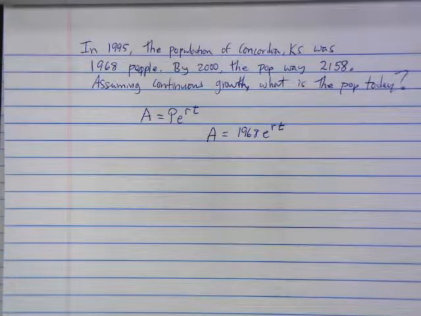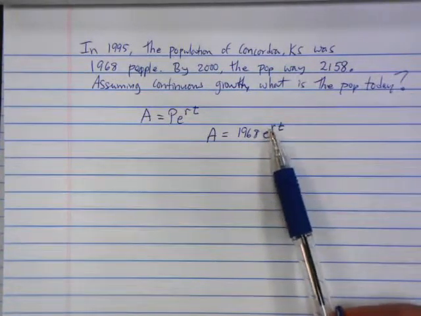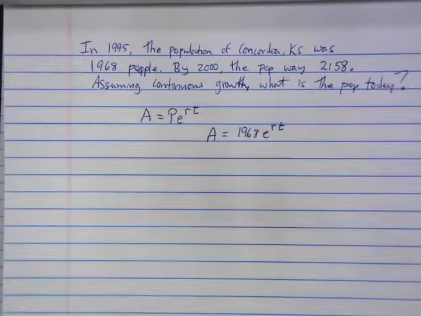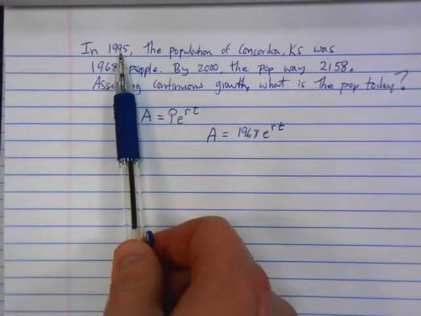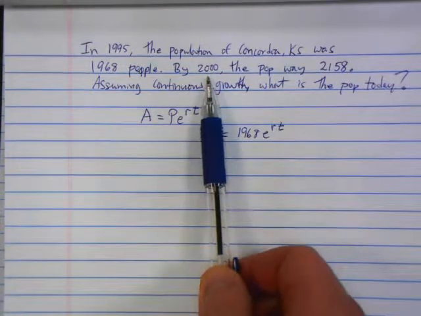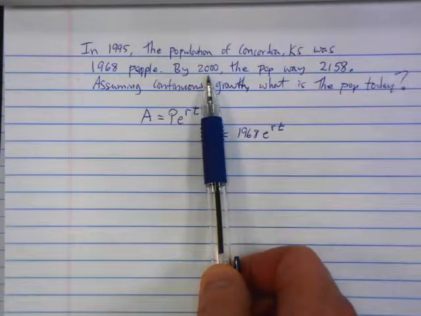Next, I need to figure out the value for r. Any thoughts on how to figure out the value for r? We started in 1995, and then we were told something about the year 2000. How many years is that?